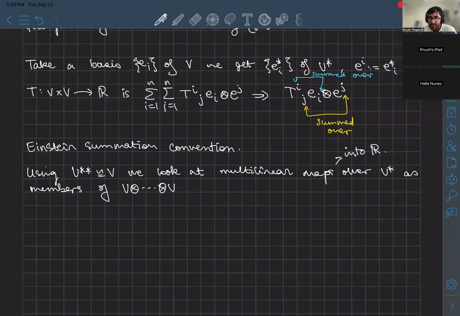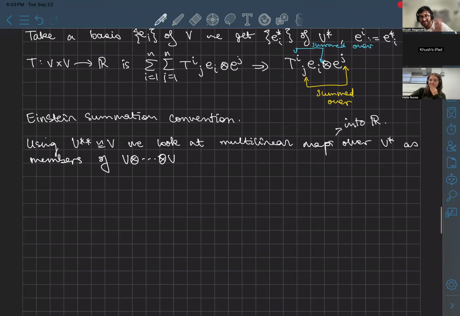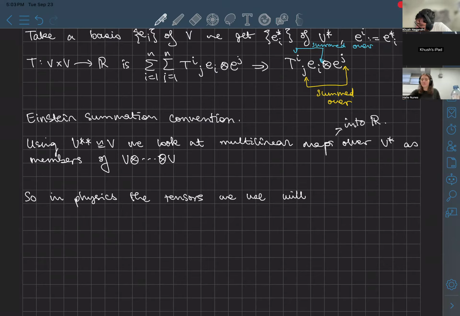So now we're going to look at the general family of tensor spaces. In physics, the tensors we use will be from the following space.